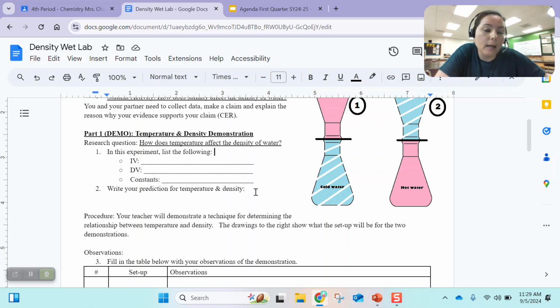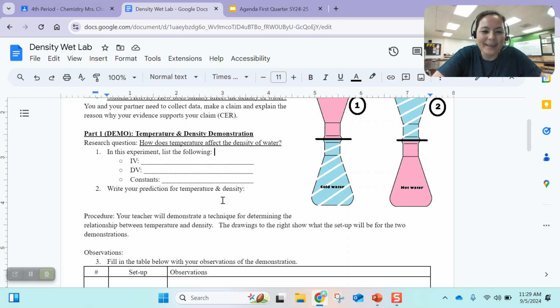So you could say something like, if I increase the temperature of the water, then the density of the water will increase or decrease? So that's an example of a hypothesis that you could write. So go ahead and pause the video for a moment and come up with your hypothesis for what you think temperature will do to the density of the water.